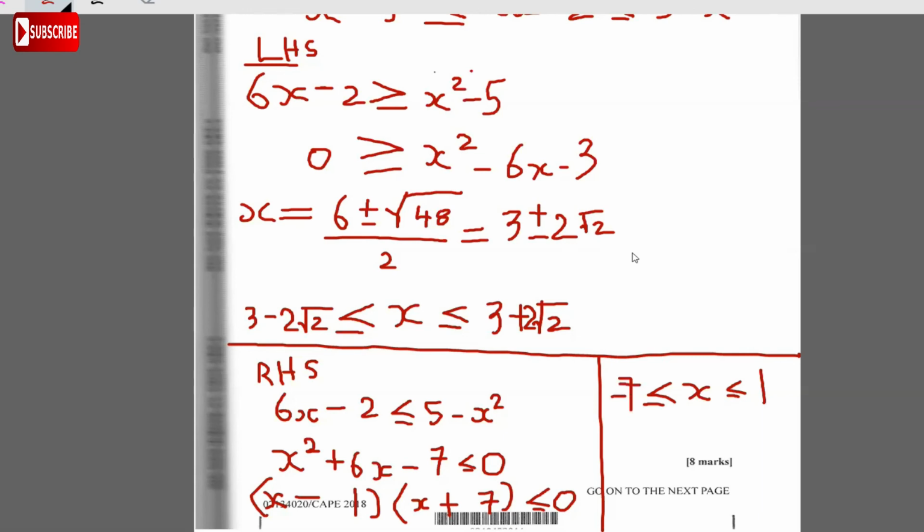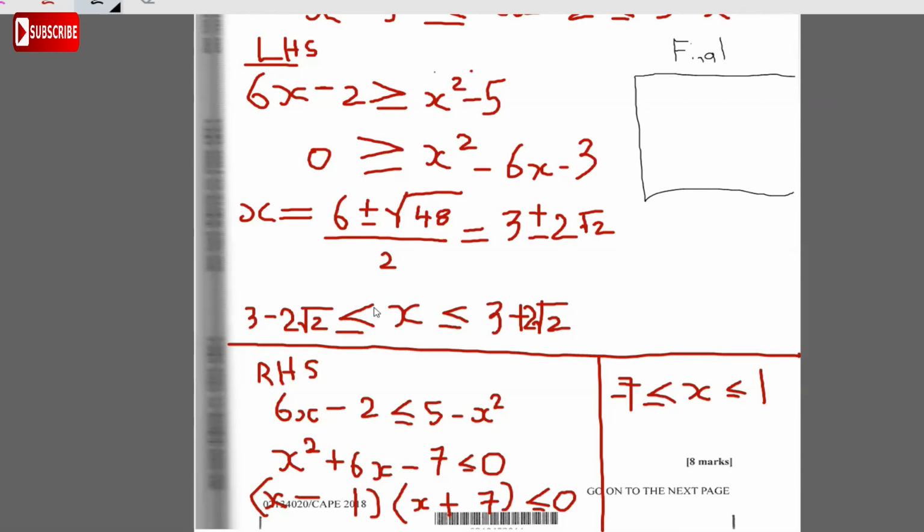All right, so now what will be the final solution? The final solution will have to incorporate both of them. Let's look at this. 3 minus 2 root 2 is 0 point something, and 3 plus 2 root 2 is 5.83.